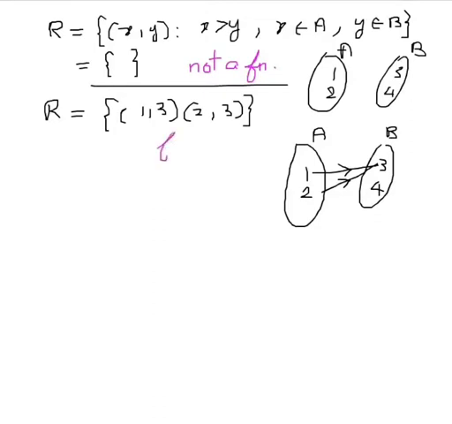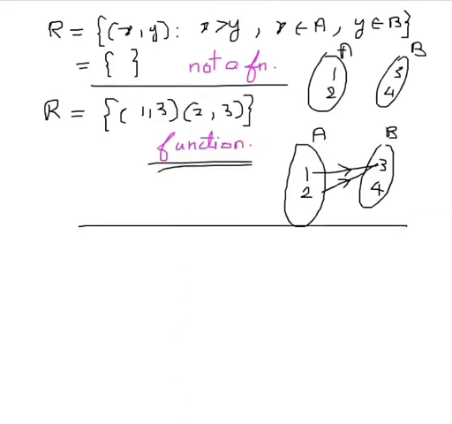Yes, it is a function. If you see, the element 1 has only one image 3 and element 2 also has only one image 3. They are sharing one image. That is not a problem, but every element of set A has a unique image in set B. Therefore, this is a function.